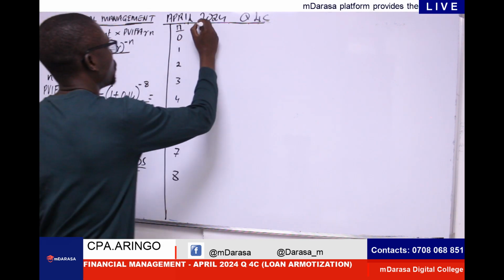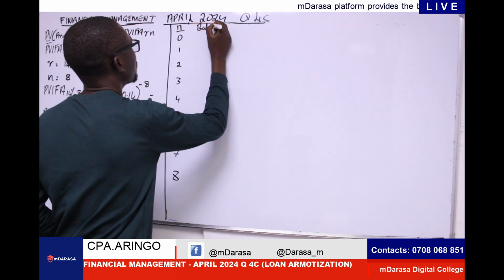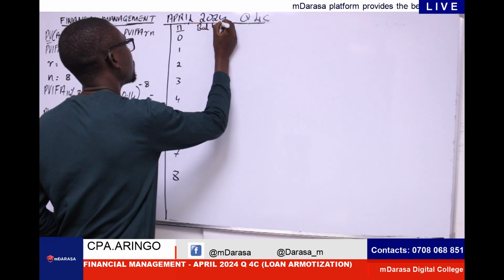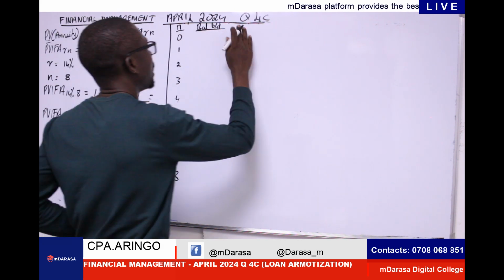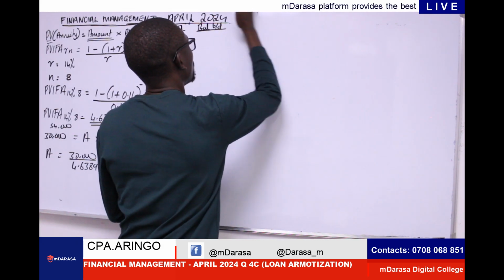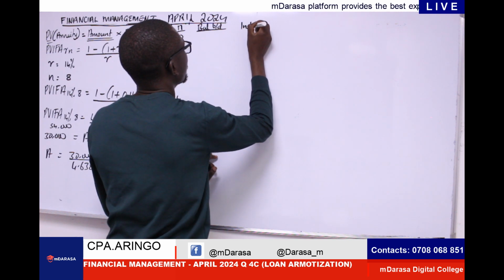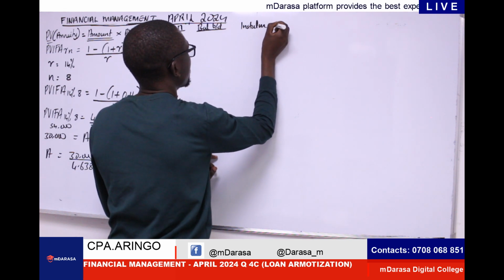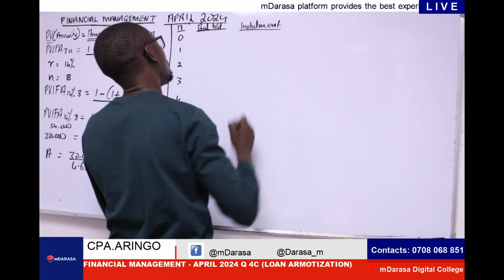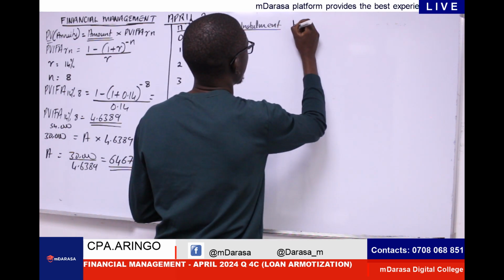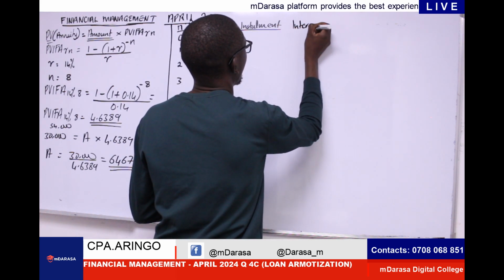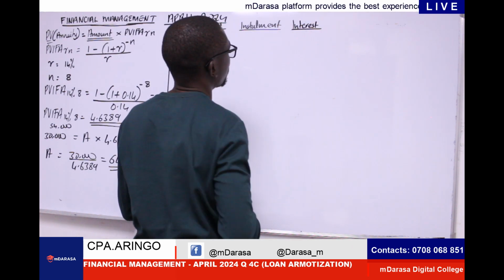Balance brought down. I'm having the installment value that you're paying all through. Remember, it will be the same. We're having our interest, and our interest you're given at the rate of 14%.